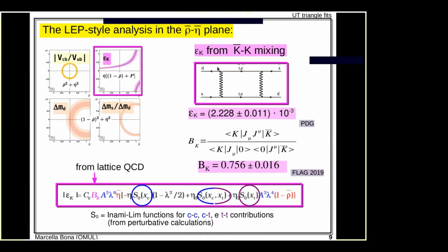Now, kaon physics enters via the kaon mixing. So you have this box diagram, so delta F equal to 2 transitions. And the expression that you have here is what connects our observable epsilon K with the functional form that I mentioned, so our eta bar and rho bar.